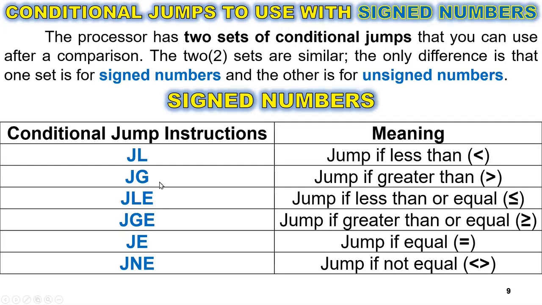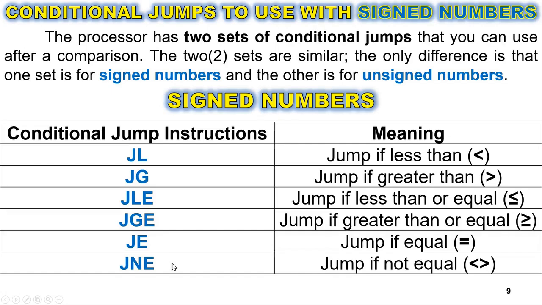JG stands for jump if greater than. JLE stands for jump if less than or equal to. JGE stands for jump if greater than or equal to. JE stands for jump if equal, while JNE stands for jump if not equal.